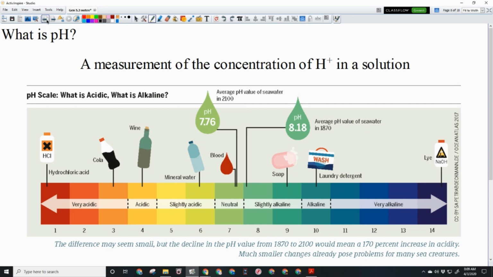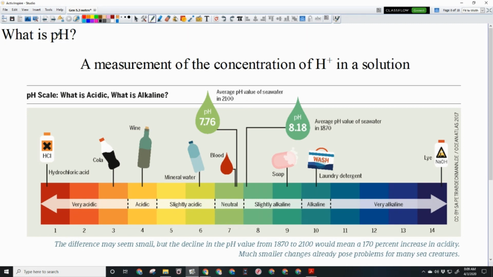Okay, so the way that we measure the strength of an acid or a base is what we call pH. This is a term that was developed during the study of acids and bases. I have read and been told that pH stands for the power of the hydrogen ion.